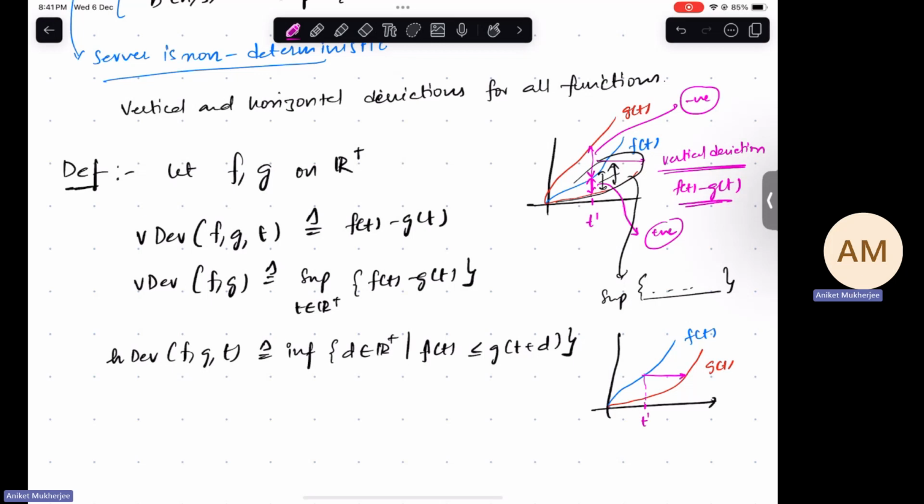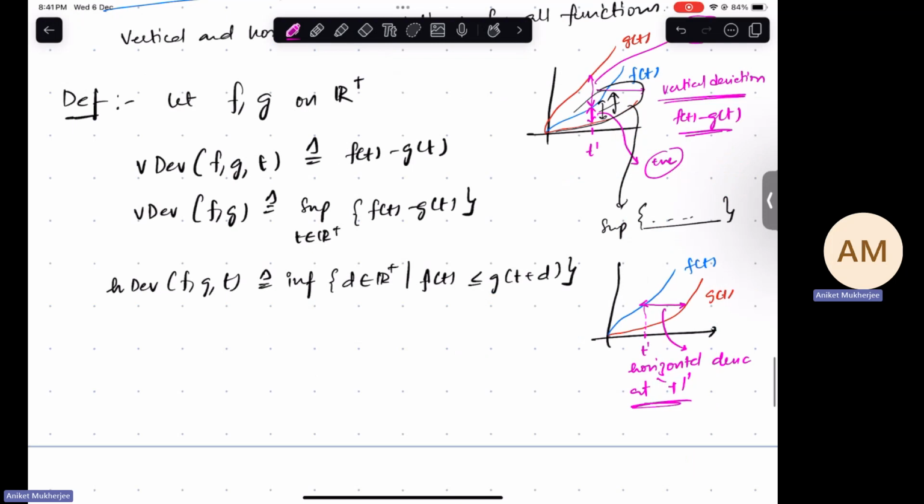So the horizontal deviation is this. Mathematically, it is the first point after t prime where g(t) plus some time hits the exact value that f has at t prime. If I want to find the horizontal deviation at t prime, this is the mathematical formula.